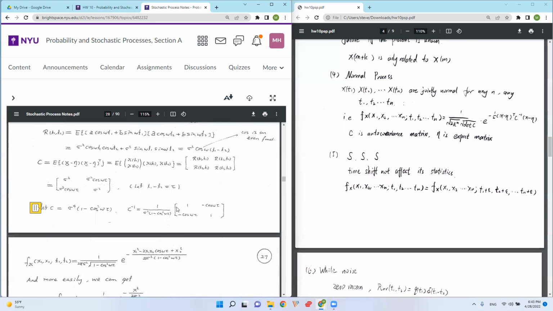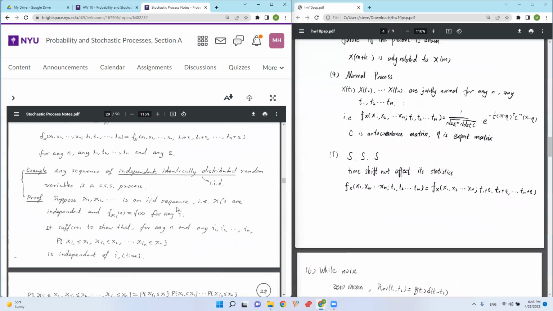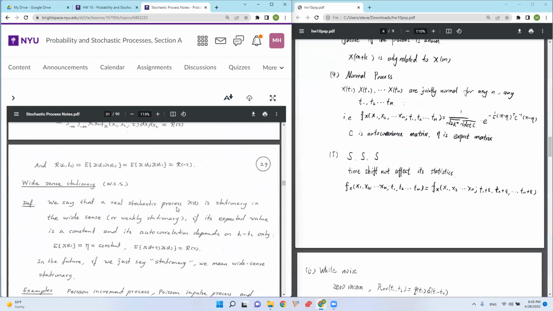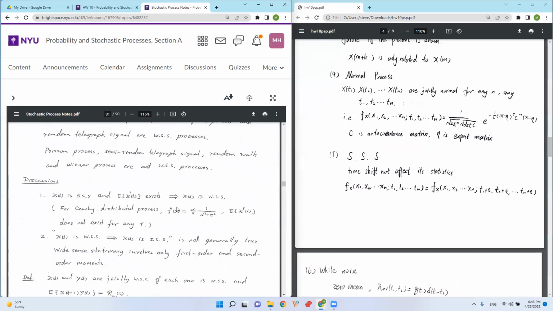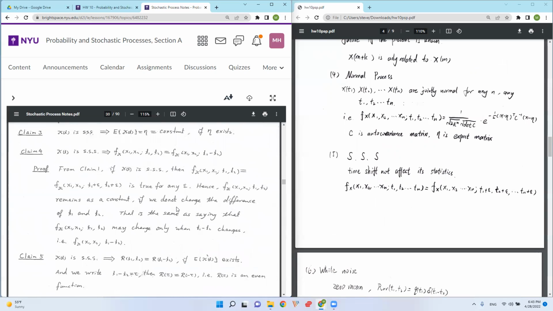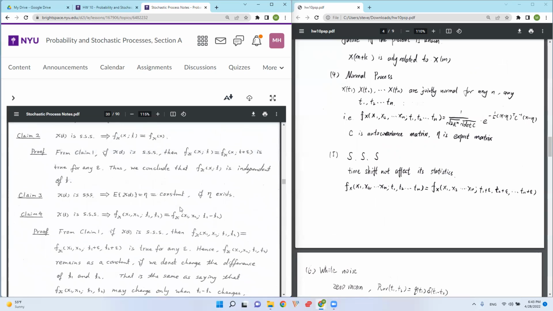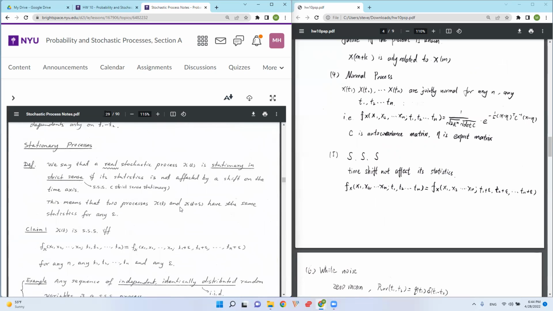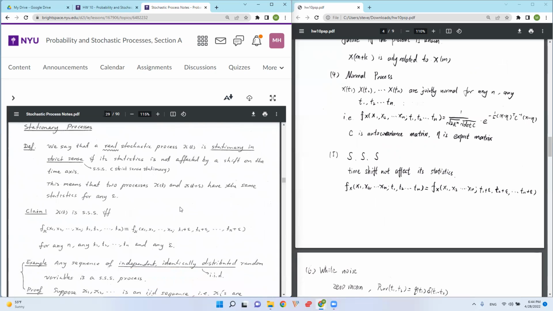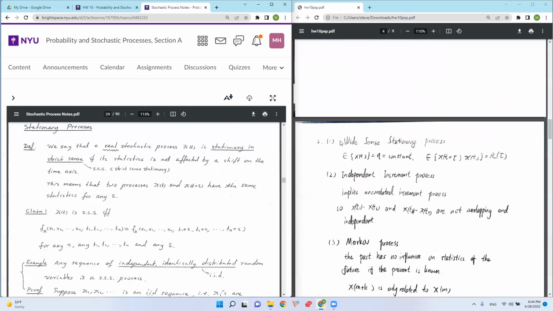And for the strict sense stationary process, on the topic of the wide sense stationary process, we're saying that when the time shifts, its expected value is not changing and its autocorrelation is not changing.